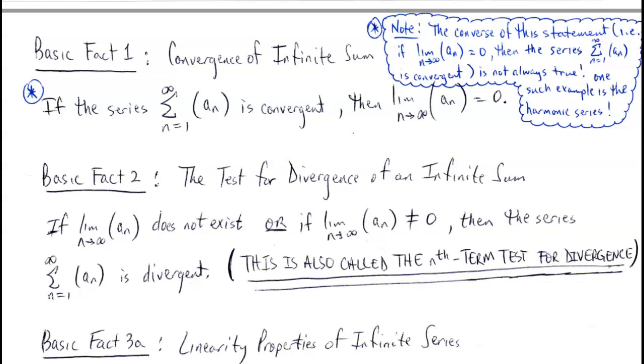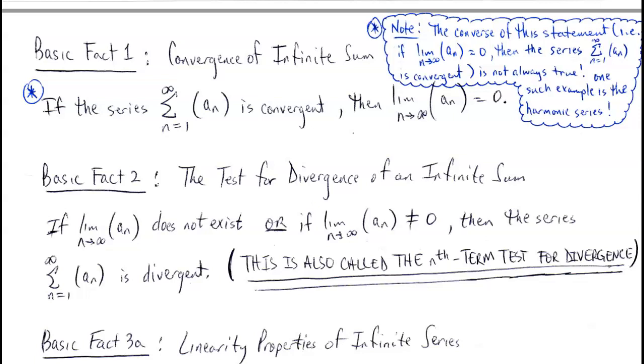We also talked about geometric and harmonic series, what they looked like, and the conditions under which the geometric series was convergent. We also noted that the harmonic series is always divergent. Then we looked at a few examples of determining whether a geometric series was convergent or divergent.